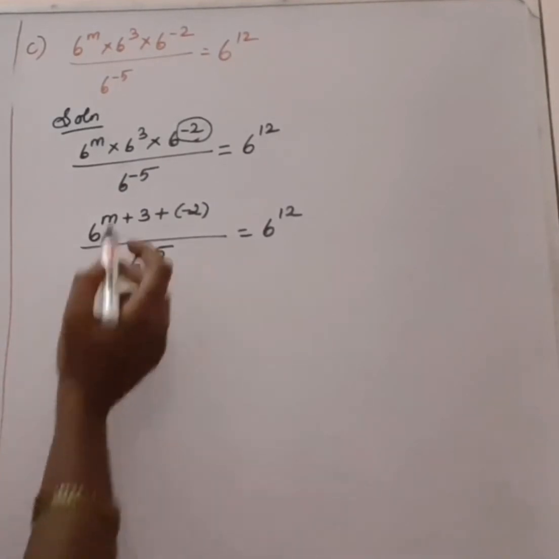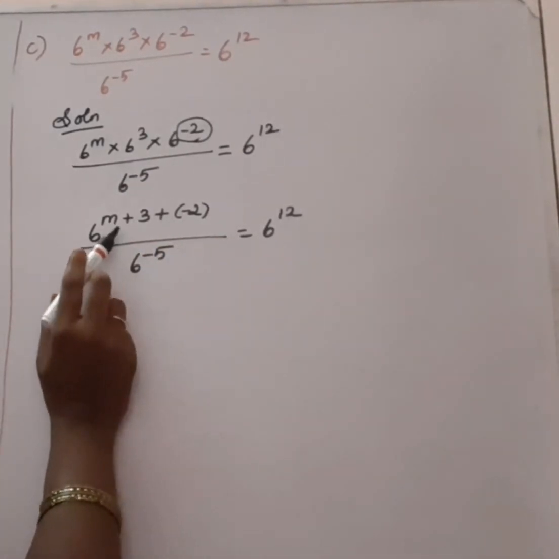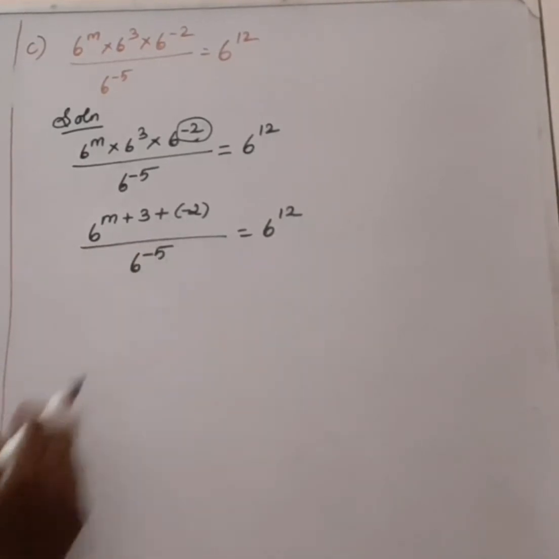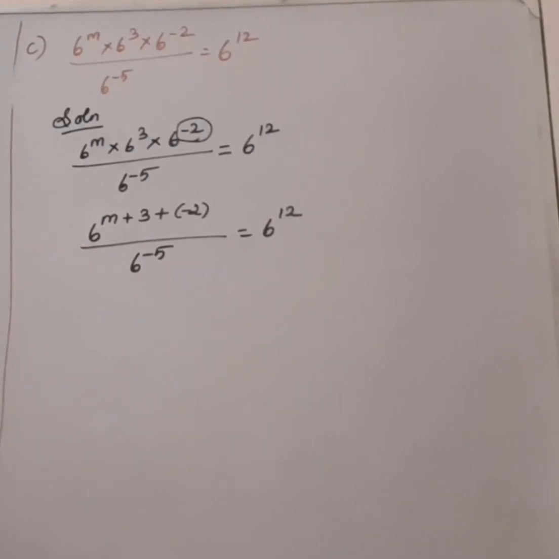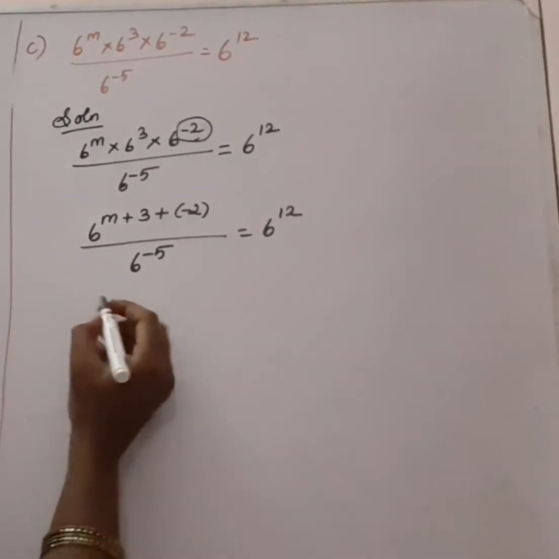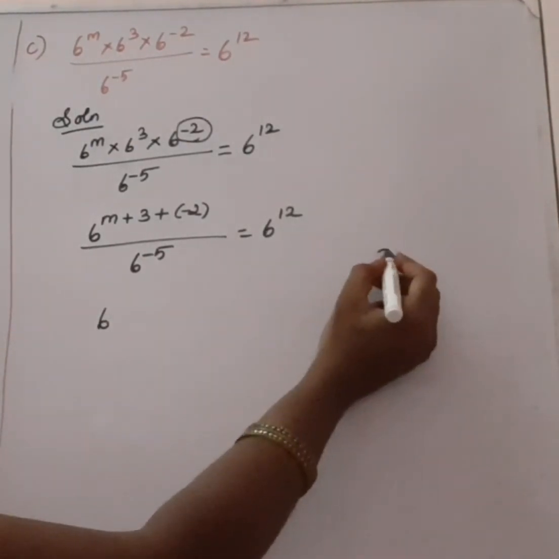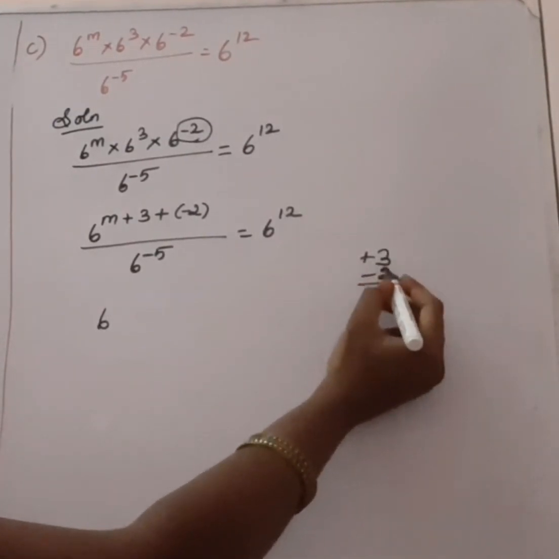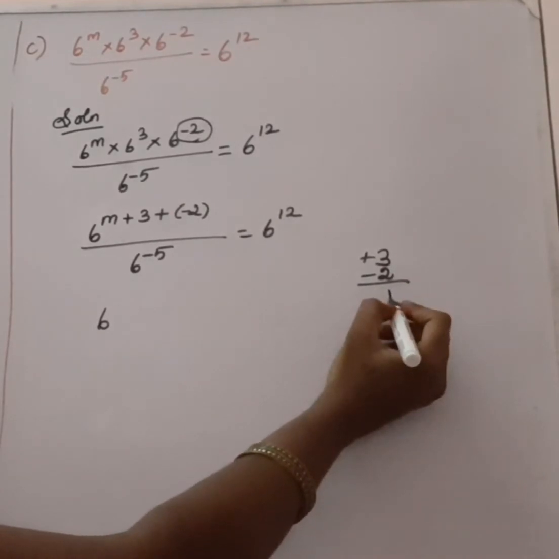Now add all the powers. Here 3 is positive and 2 is negative. So what do we want to do? We want to subtract. What is the greatest number here? 3 is the greatest number. What is the sign of the 3? It's positive. So the answer is plus 3 and minus 2, that means 3 minus 2, we get the value as 1.